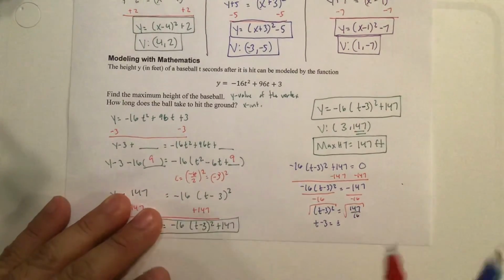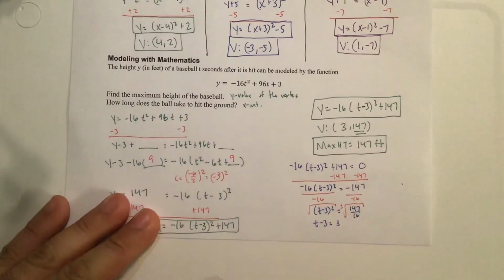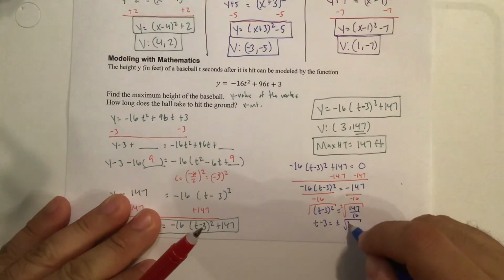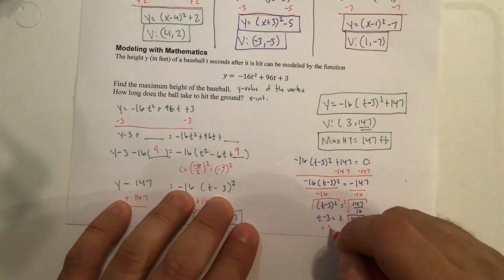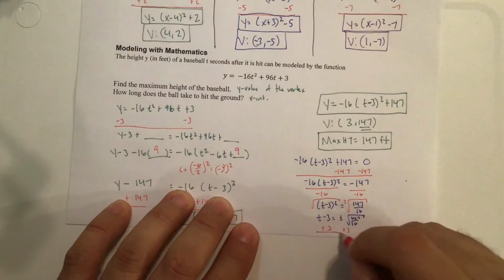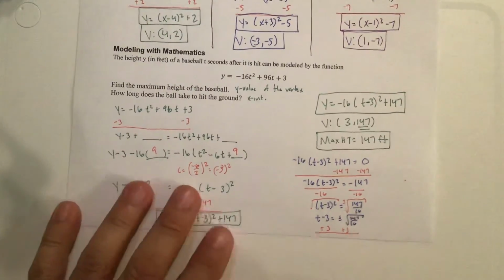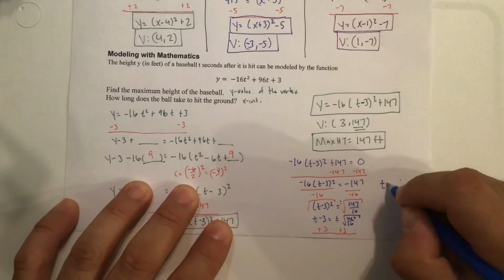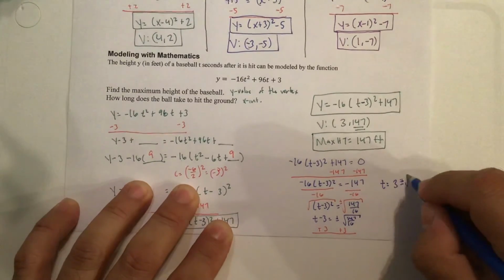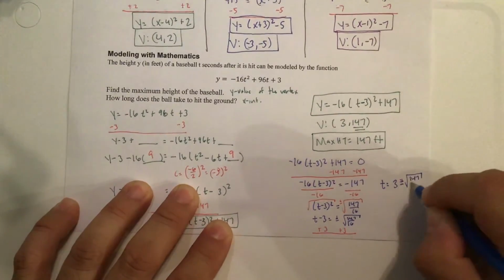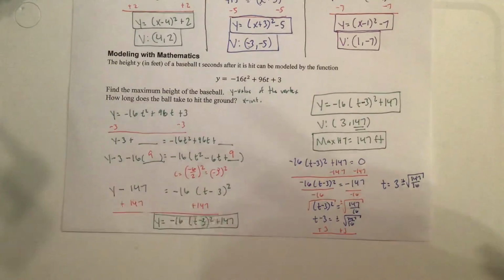Because every time we take a square root, we have to remember to put plus or minus. The square root of 147 over 16. And then last, to solve this, we add 3 to both sides. And we come up with t equals 3 plus or minus the square root of 147 over 16.